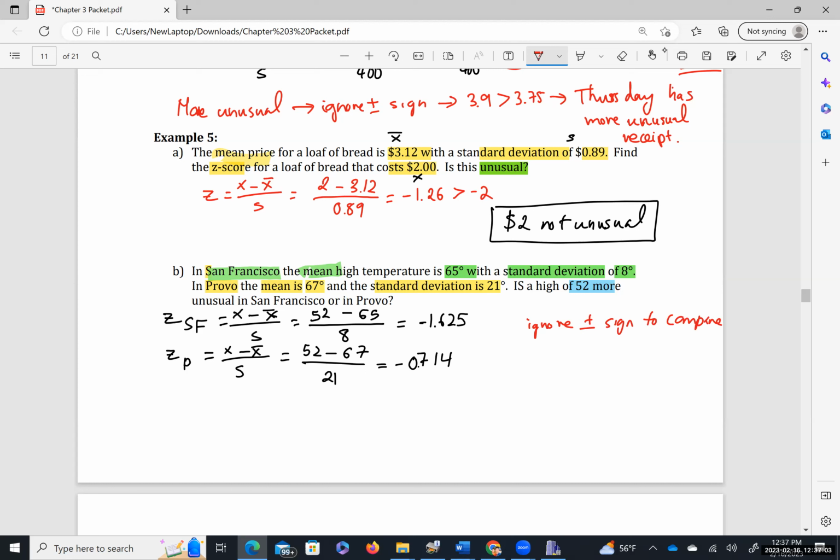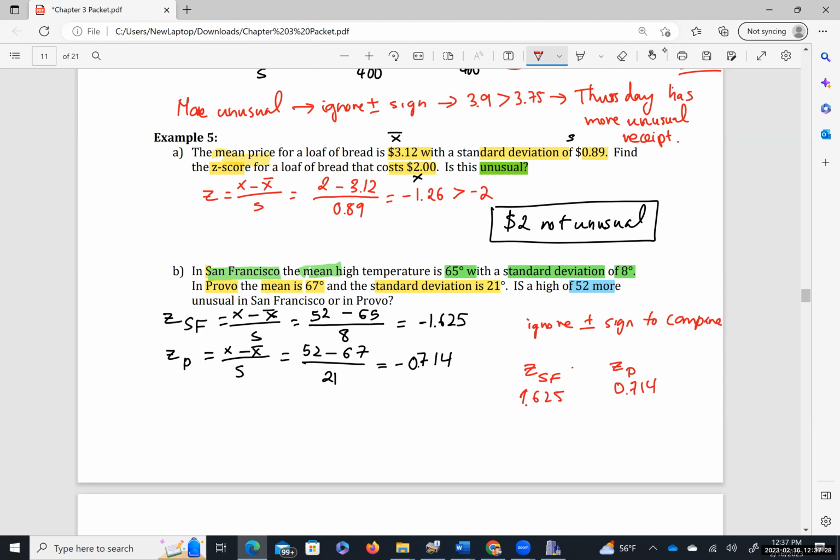So we have z_SF, which is negative 1.625, and for z Provo you can just take away the negative, 0.714, and then you compare those.